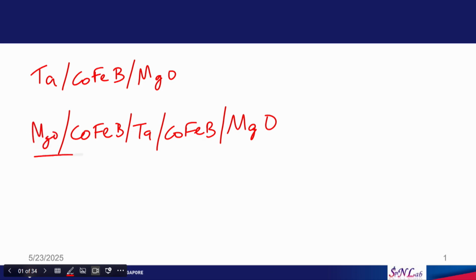So now you see there are two interfaces of tantalum, cobalt and boron, magnesium oxide. When you stack them like that, you have two interfaces, so basically the volume gets doubled. Because of this, this particular configuration could go to around 25 nanometer diameter.